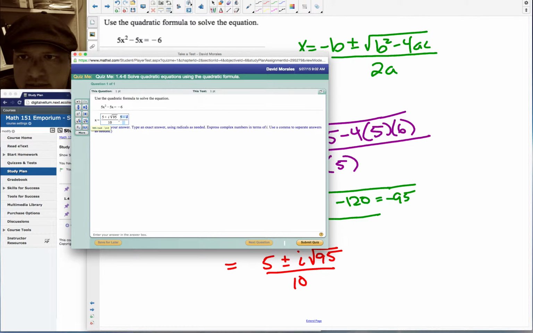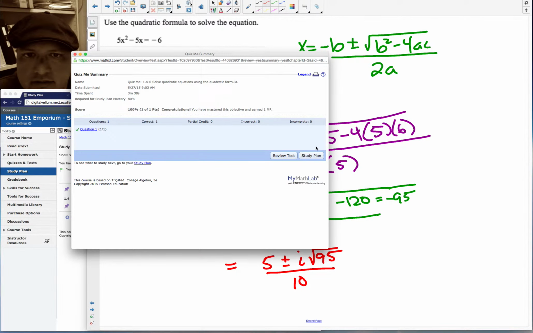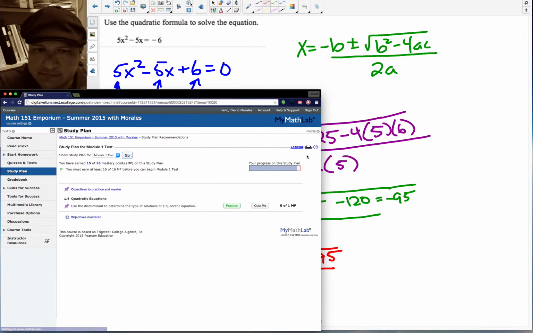Just type in i. Square root of 95 over 10. And I was right. Trust the math.